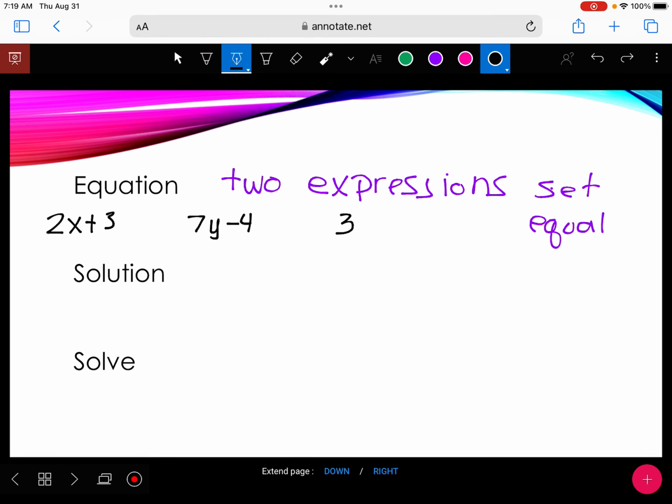Okay, so it's just two expressions set equal. When we say to get to a solution, it has several names. We can call it the root. It's sometimes the intercept, but it's always an intersection.